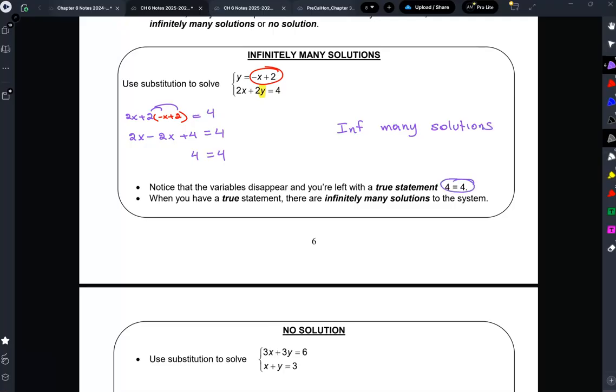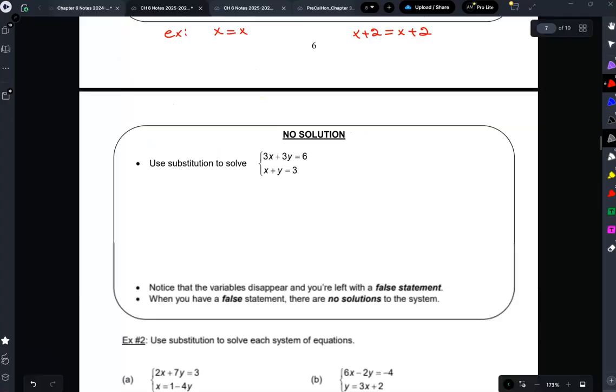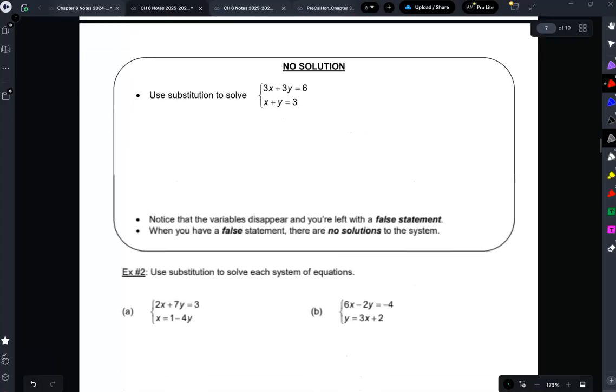Okay? When you have a true statement, other examples can be x equals x, or x plus 2 equals x plus 2. All of these will end up as infinitely many solutions. Okay? All right. So let's do one that has no solution.